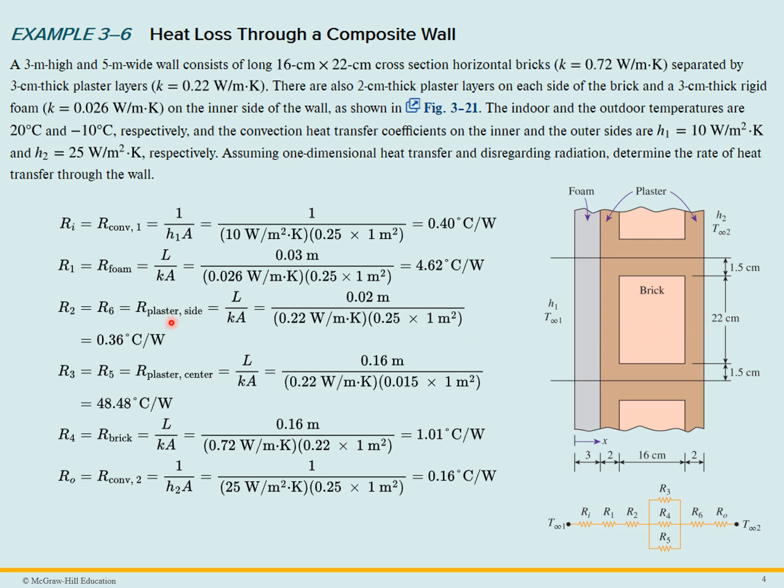And then we can calculate the R values for the plaster in the center, the R value for the brick, and finally the R value for the convection out to the outside. Here we have to treat R3, R4, and R5 as in parallel, and the other resistors are going to be in series.